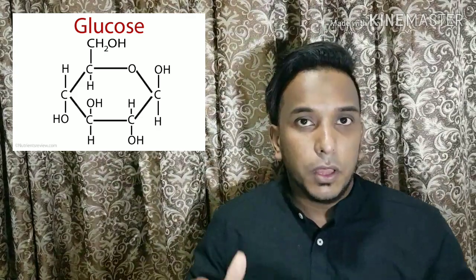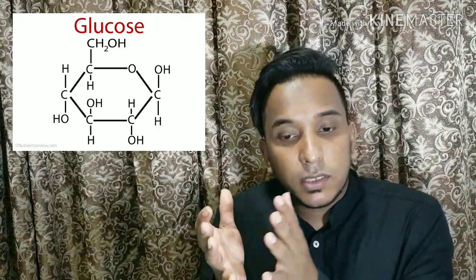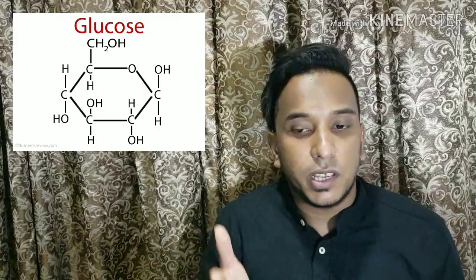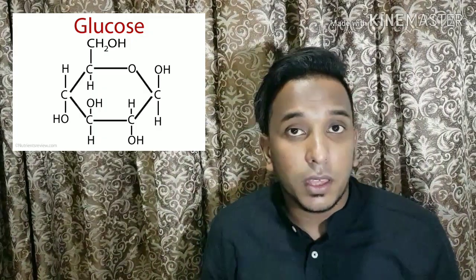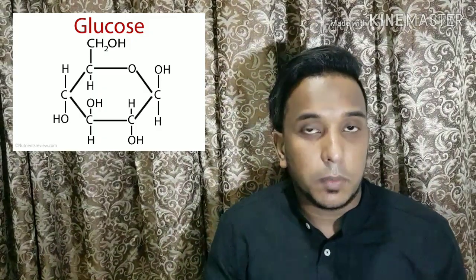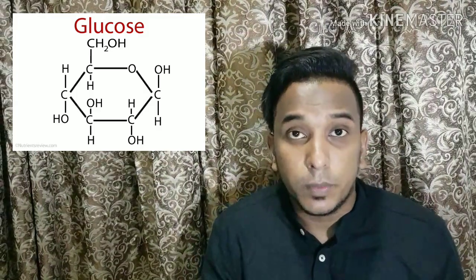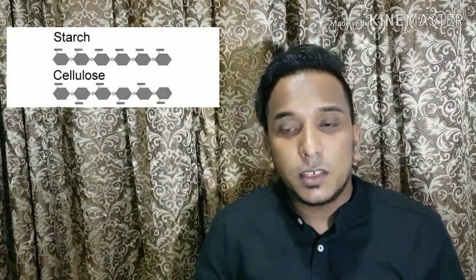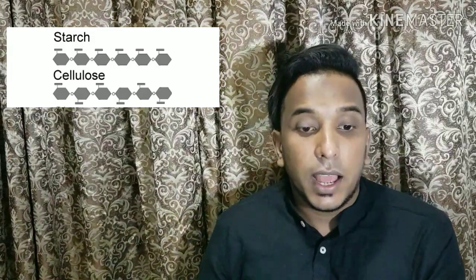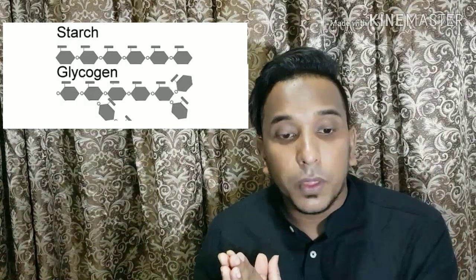Though the structural unit of all three is common, their properties are different. The properties of cellulose are different from those of starch, and starch is different from glycogen. What is the reason for this? The reason is the combination of the number of glucose molecules.